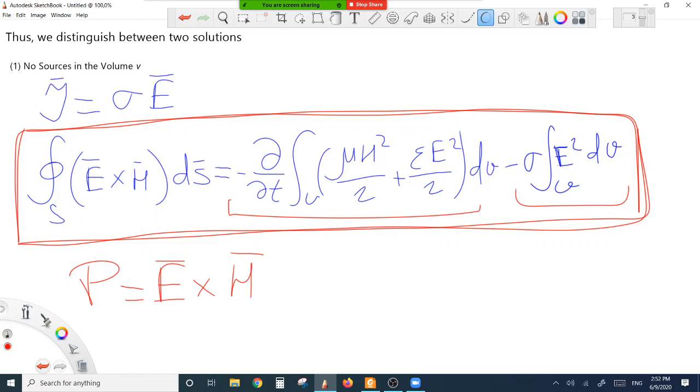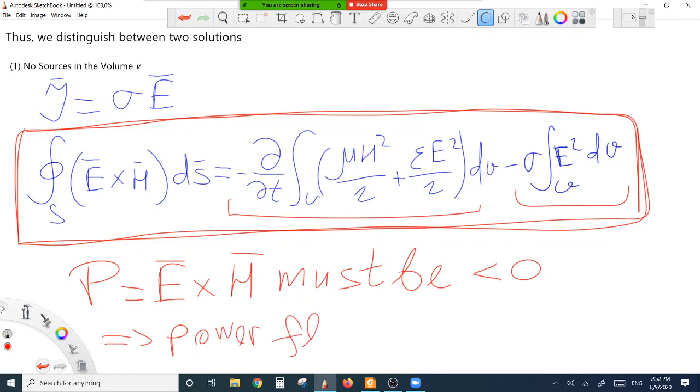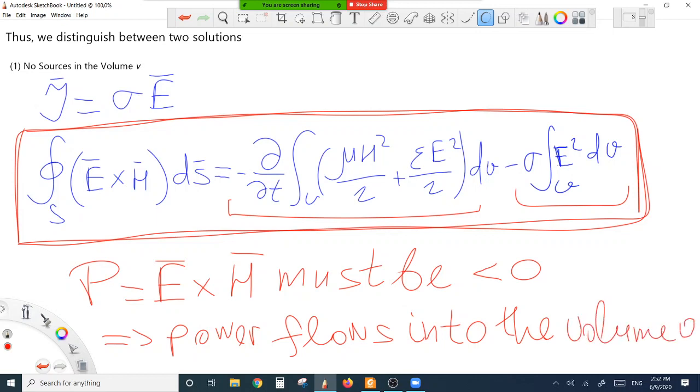This means that power flows into the volume V.